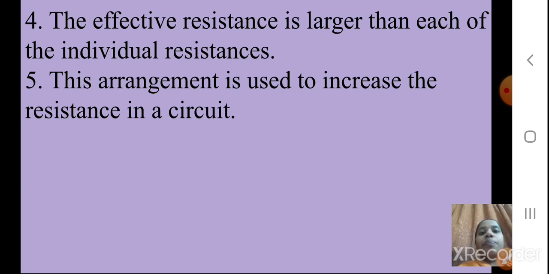When we connect resistors in series and want to increase the resistance, that is the hindrance to the flow of current in the circuit. I hope these 5 points are the characteristics of resistors which are connected in series.